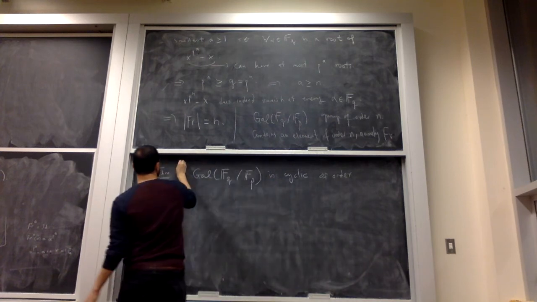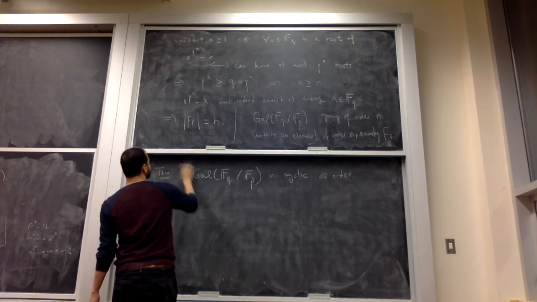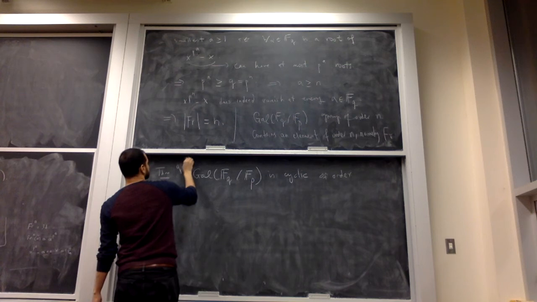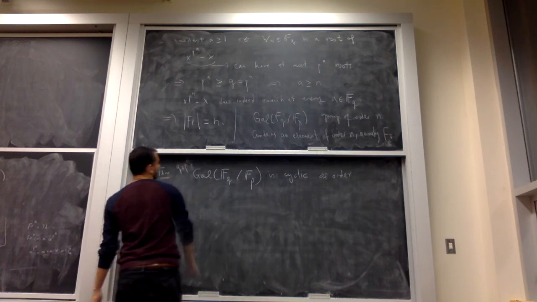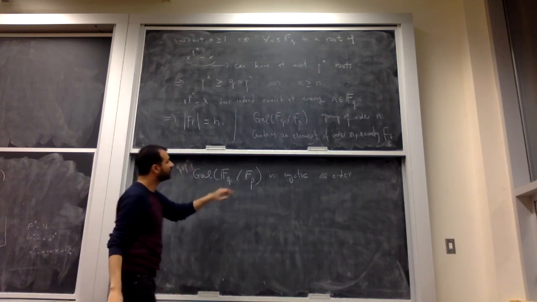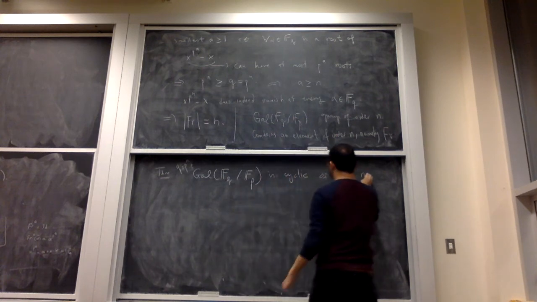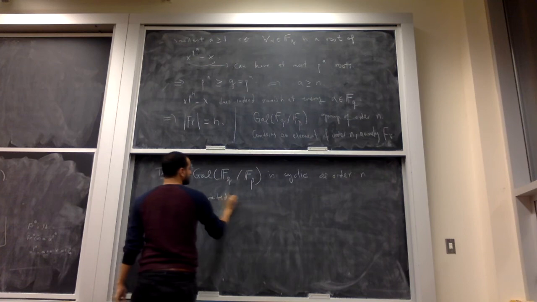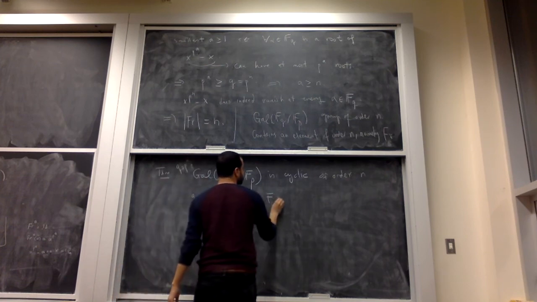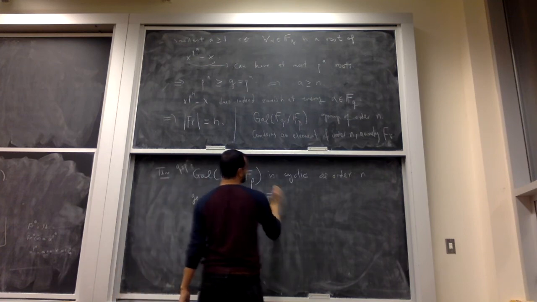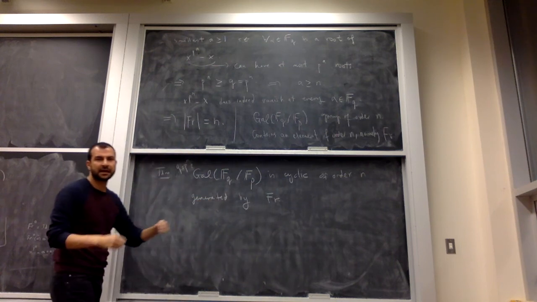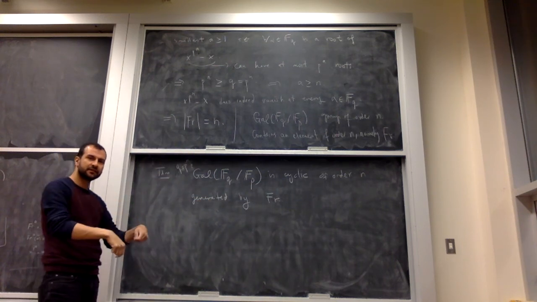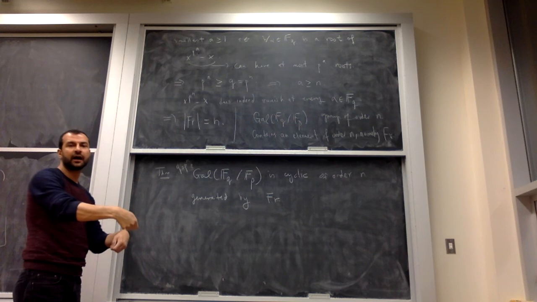So if q is p to the power of n, the Galois group of Fq over Fp is cyclic of order n, generated by Frobenius. Frobenius, remember, is the map that sends any element alpha to alpha to the power of p.